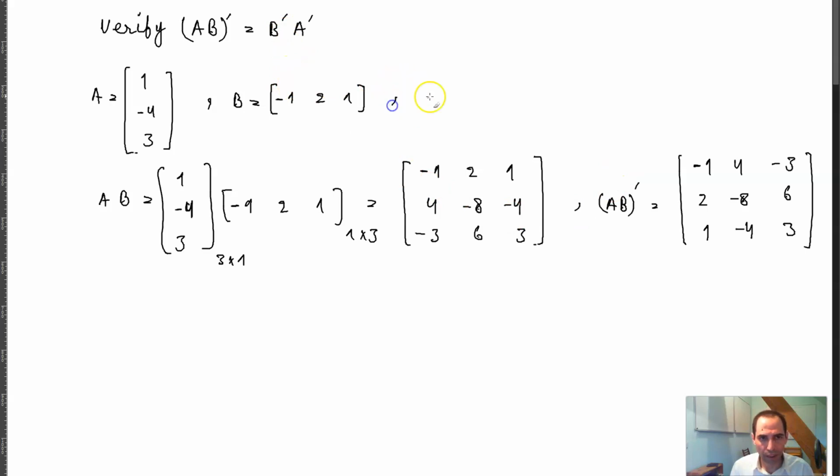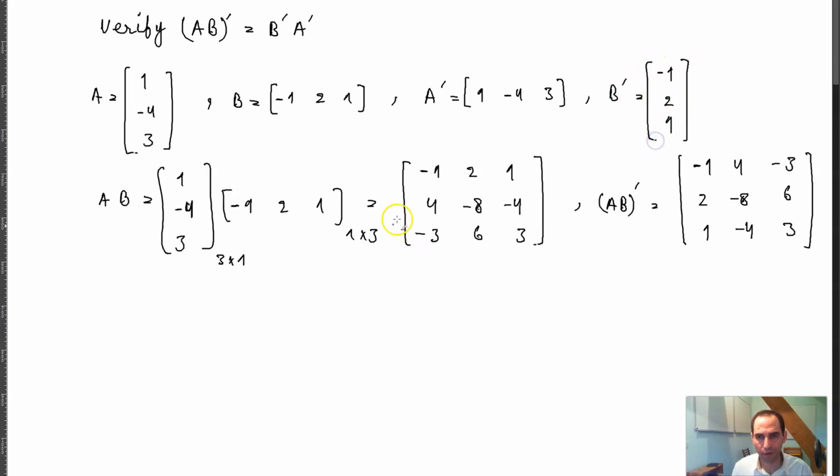Now here I can calculate A prime and B prime. A prime is equal to the transpose of this matrix, which is 1, negative 4 and 3, and the transpose of B is equal to negative 1, 2 and 1.